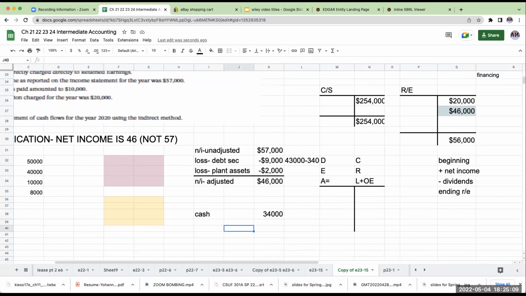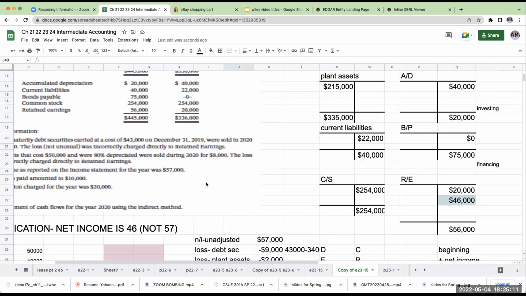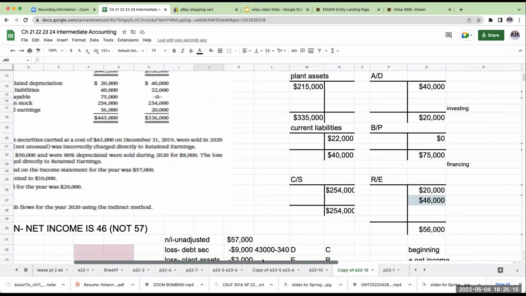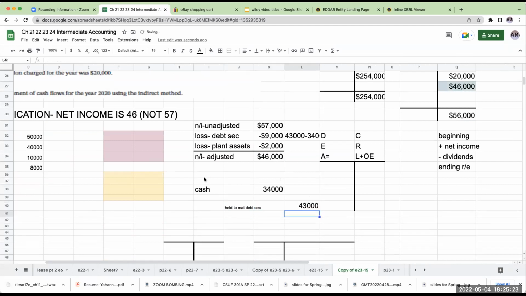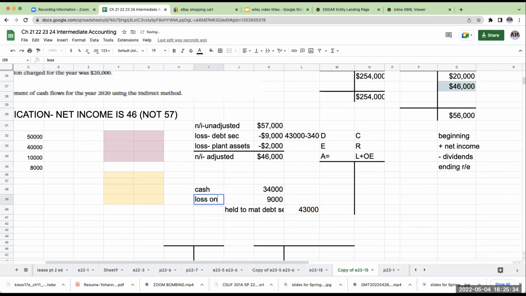So this is my, right over here, this is my available for sale or held to maturity debt securities. And these cost me $43,000. So when I go through and look at this over here, what's the difference? Well, the difference is going to be that $9,000 loss on debt securities.